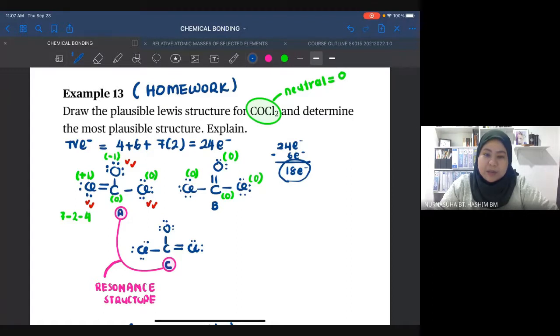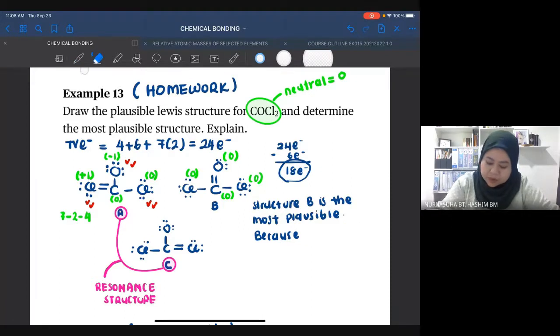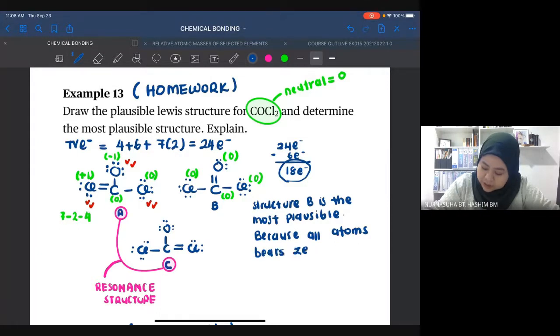So antara A dengan B, obviously lah structure B is the most plausible. Dapat satu markah nanti. Why? Because all atoms bear zero formal charge.